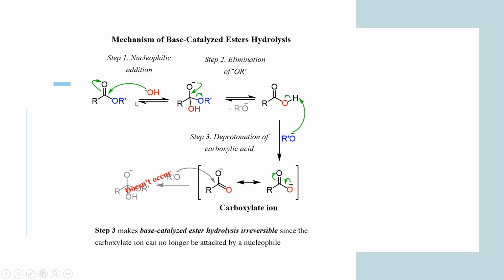Hydroxide from the basic medium will attack at this electrophilic carbon, and you get the elimination of this good leaving group alkoxide. Okay, and after the elimination of alkoxide, first you get this carboxylic acid as the product. Okay, but the reaction doesn't stop at this stage.